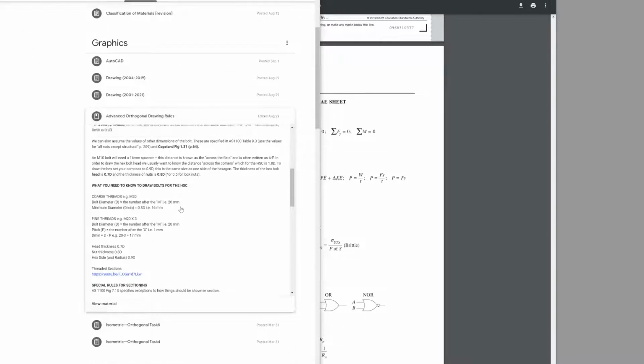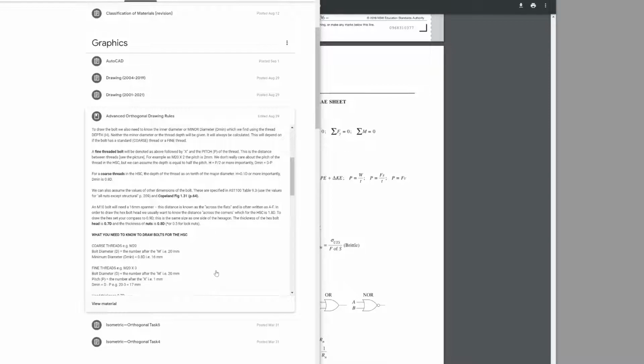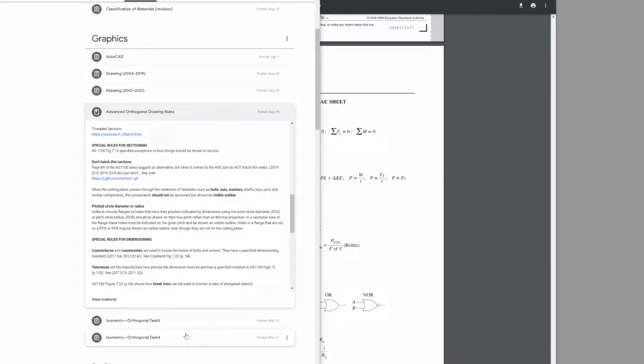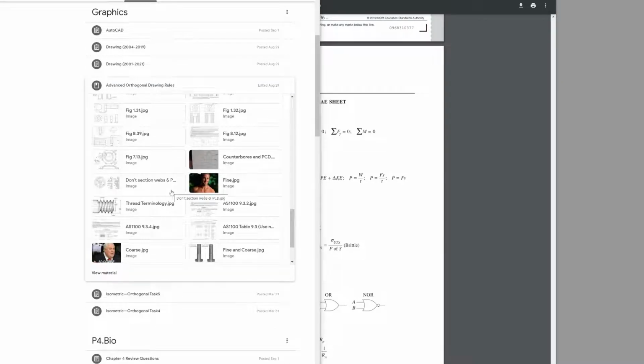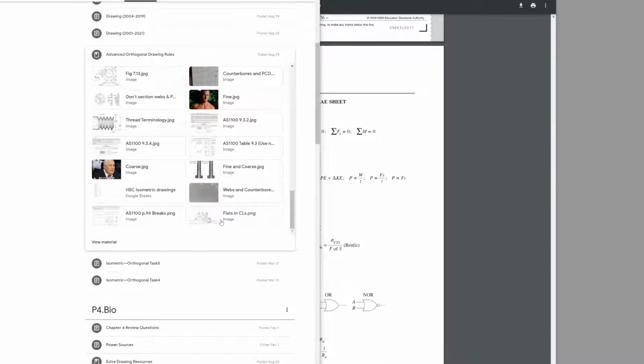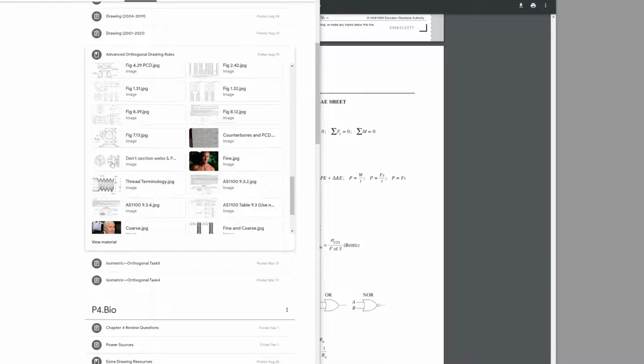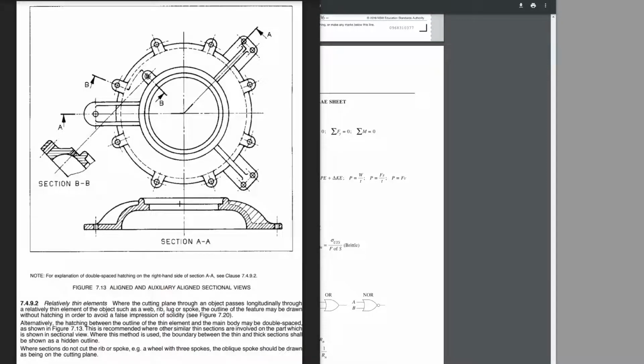Okay, so what do I say here? Don't hatch thin sections. Page 85 of the Australian Standard. So let's have a look at that. Page 85 of the Australian Standard is this. I don't actually have it numbered on the drawing, which is confusing. Okay, so this is page 85 of the Australian Standard.